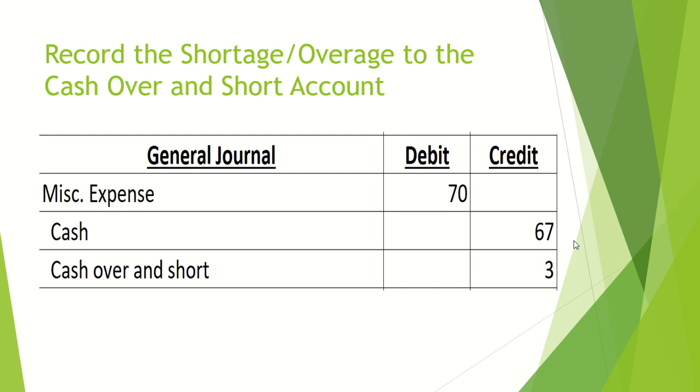And then the difference of $3 is going to be credited to cash over and short, which is going to be a reduction in the expense account of either miscellaneous expense or other expense. Cash over and short has its own name here, but it's going to be rolled into the other expense account or miscellaneous expense account, which are shown in the income statement.